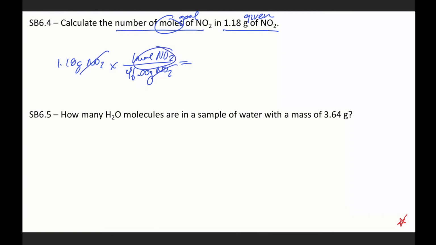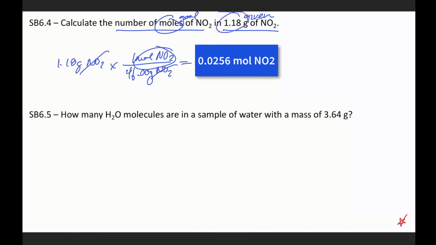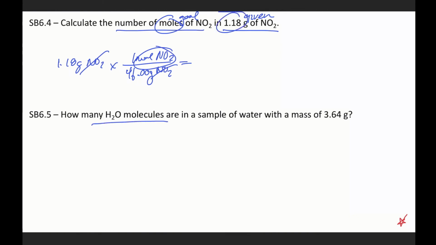And we've done our work, yes? And we would take 1.18 divided by 46.00 and get our answer and round it to 3 significant figures, yes?